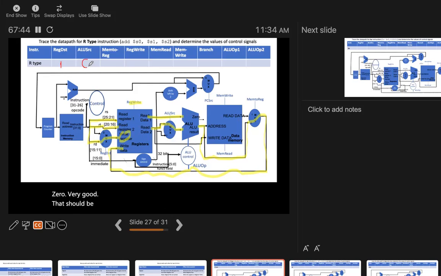What about mem to reg? We are talking about this multiplexer. The ALU result should pass through. 0. Very good. Excellent. So mem to reg is set to 0. What about reg write? Are we writing to the register file? So what should be the value? 1. Very good. Mem read. Are we reading from the memory?